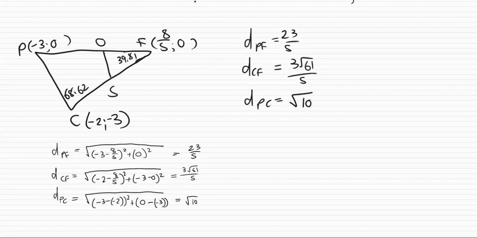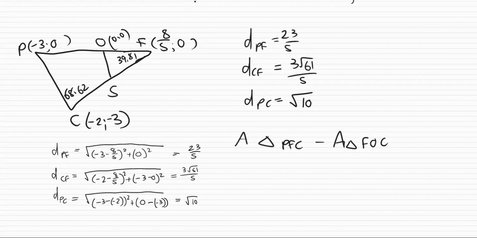So now we need the area of triangle PFC minus the area of the triangle FOC. O is 0, 0. This is S. Okay, I see that we probably need a couple more distances as well.